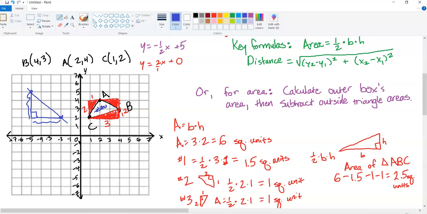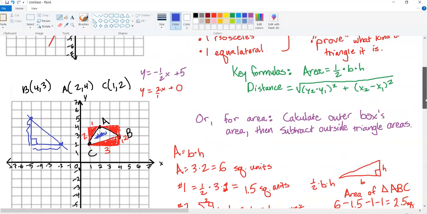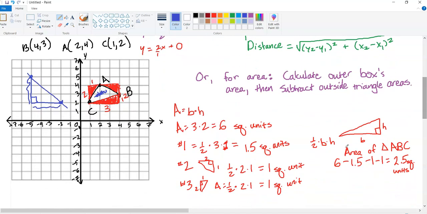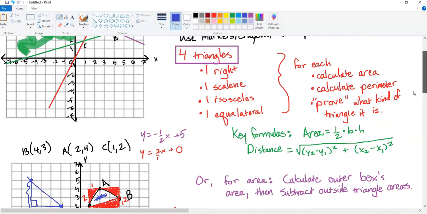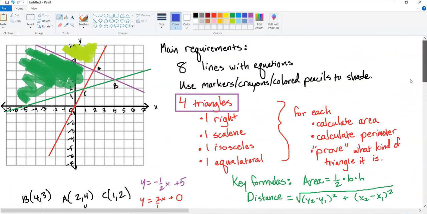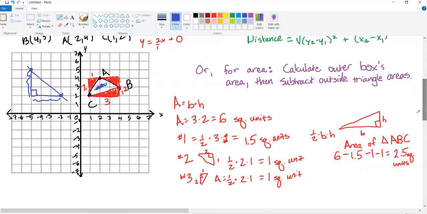So on this one, remember how I wrote the equations of the lines here in purple and red up above? Well, I would go back to those equations and say the line, and let's be specific about this. So the purple line is from A to B. So I'm going to go ahead and write in purple that this was a right triangle.